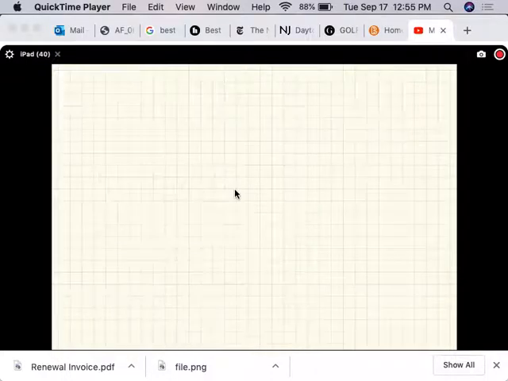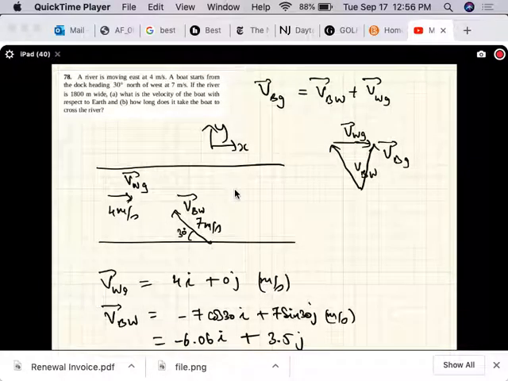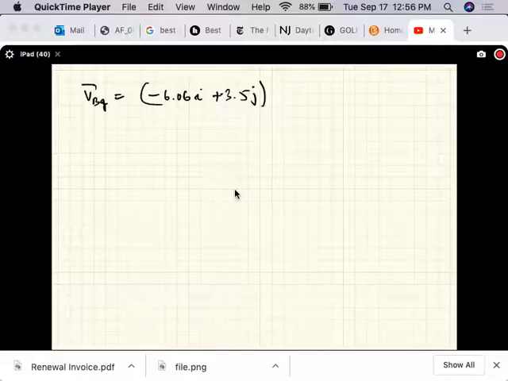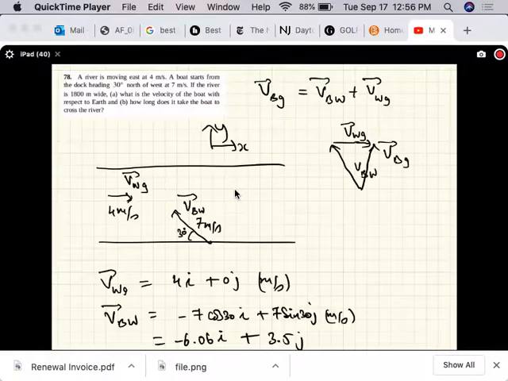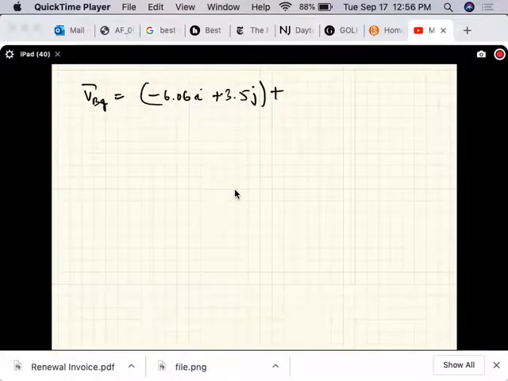So velocity of the boat with respect to ground is minus 6.06i plus the other vector, 4i plus 0j.